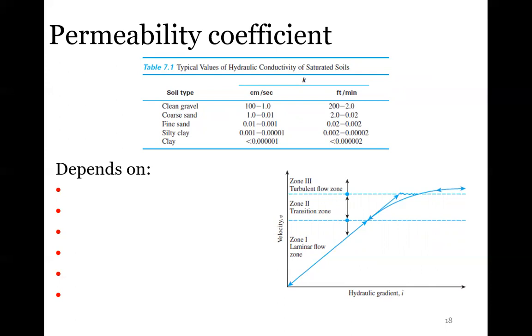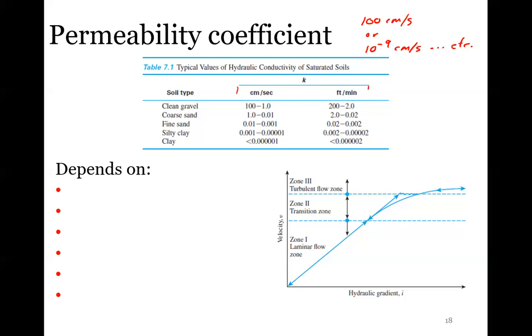For geotechnical engineering, most times we're going to show them in generic numbers, like 100 centimeters per second, or 10 times 10 to the negative 9 centimeters per second, etc. Only for specific projects will you need to quantify and be exact when it comes to the permeability coefficient. But in general, you just show it as these.